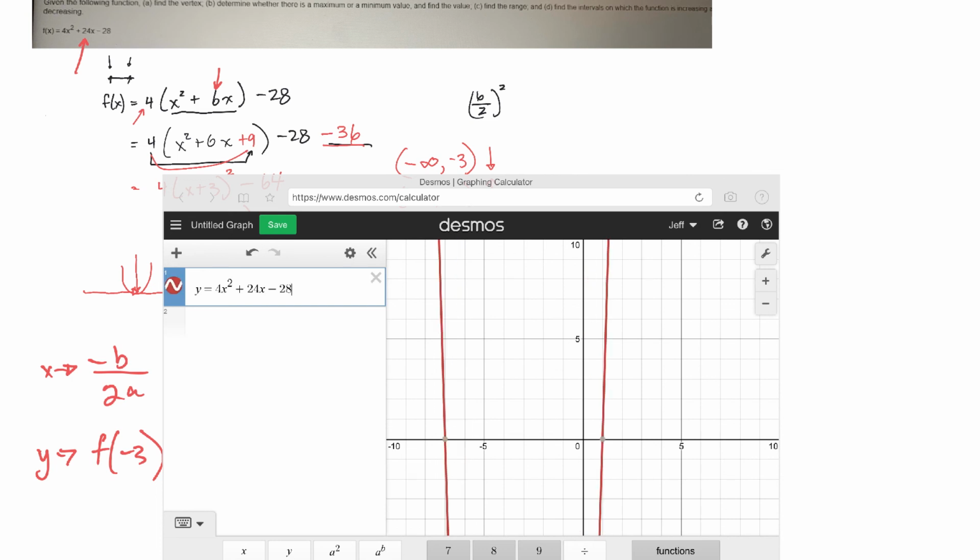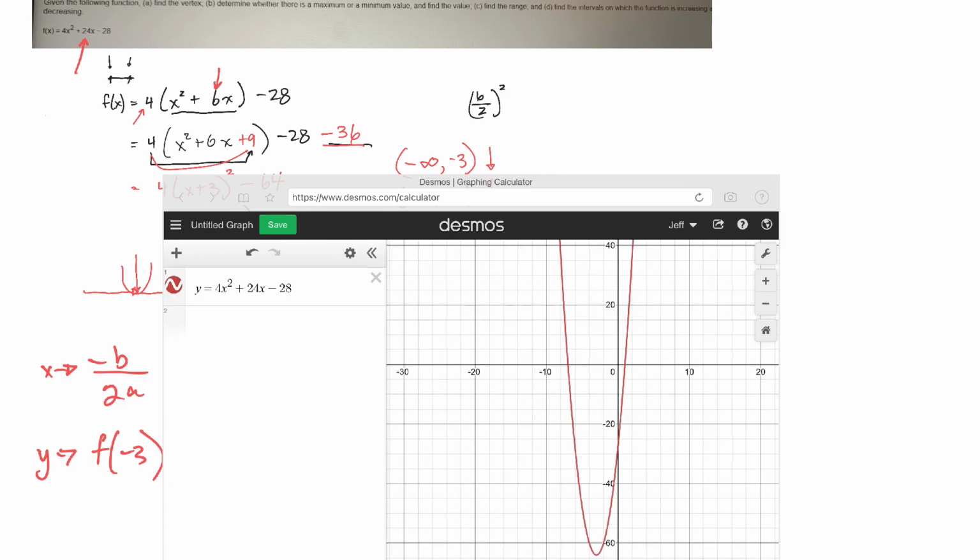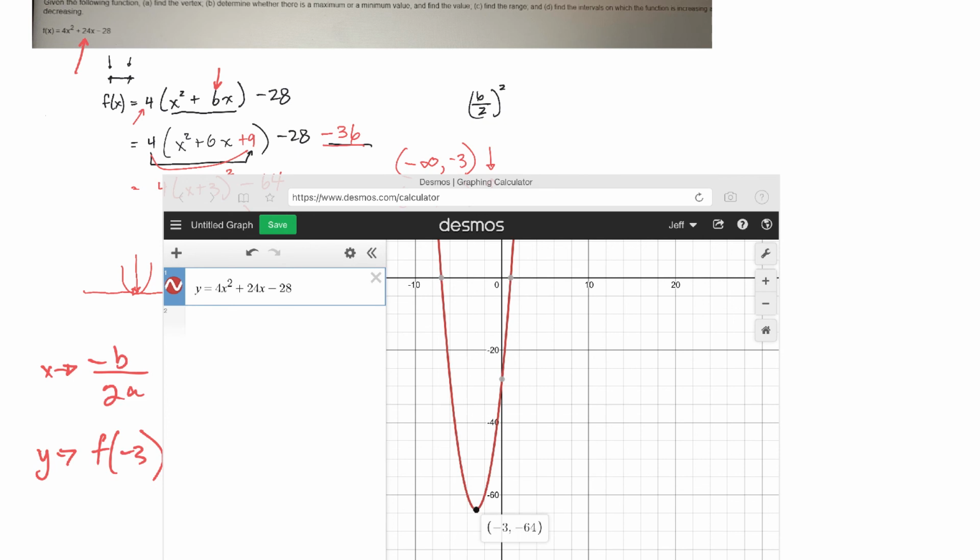Okay, there's my graph. Looks like it's way down there. And if I tap on that point, negative 3, negative 64. Right, hopefully that helps you with that one.